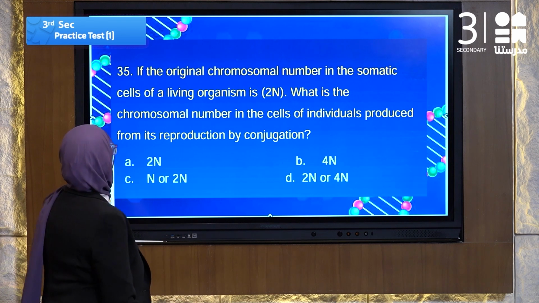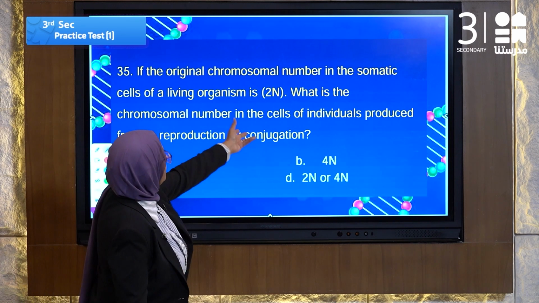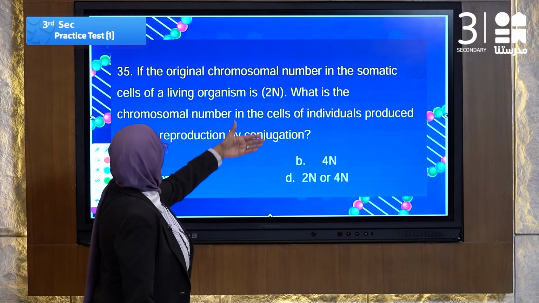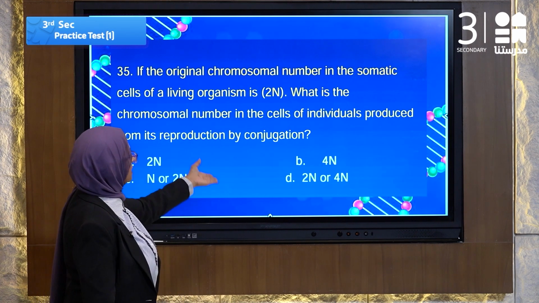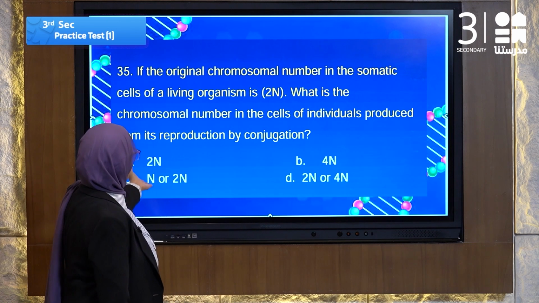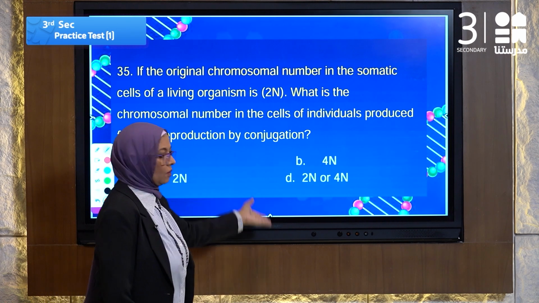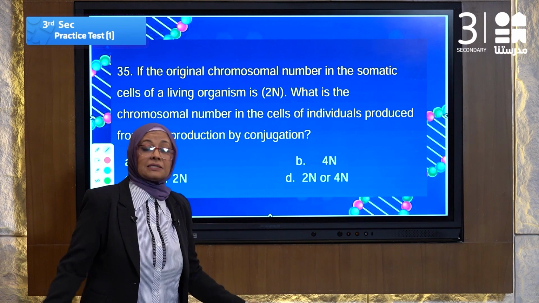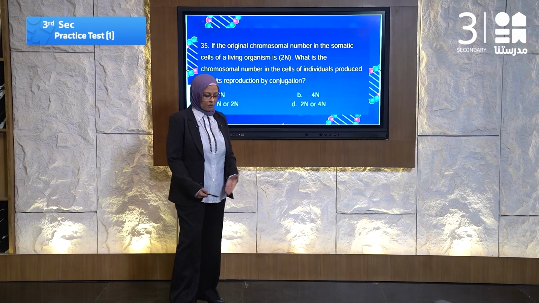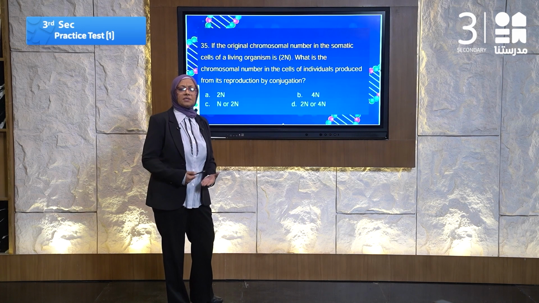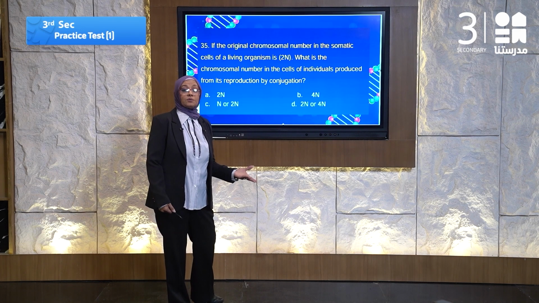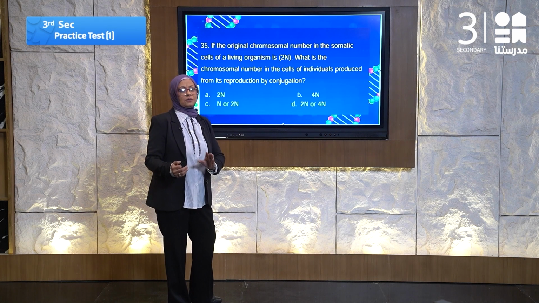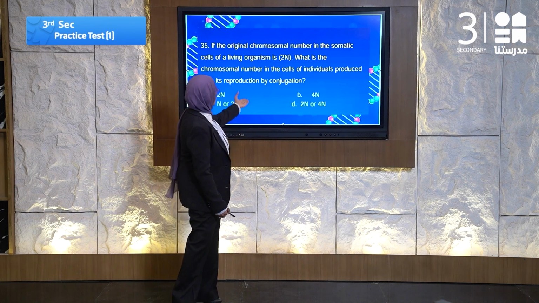Let's read the question. If the original chromosomal number in the somatic cell of a living organism is 2n, what is the chromosomal number in the cells of an individual produced from reproduction by conjugation? What is conjugation? It means Spirogyra. Yes, Spirogyra is a living organism and it has many types of reproduction, one of them is conjugation.